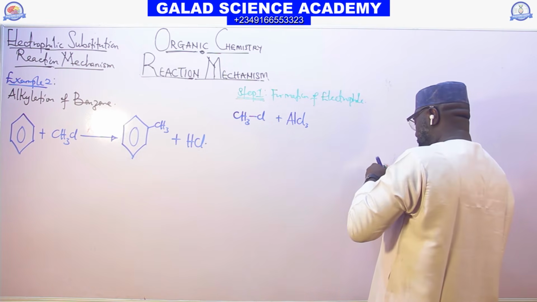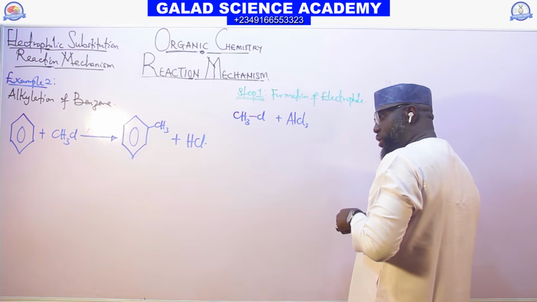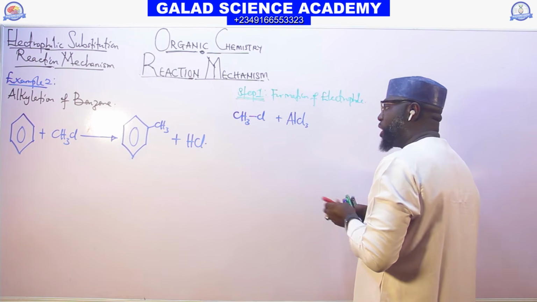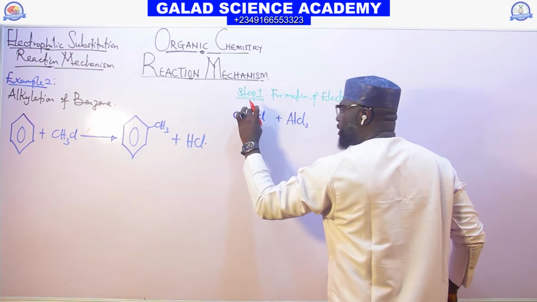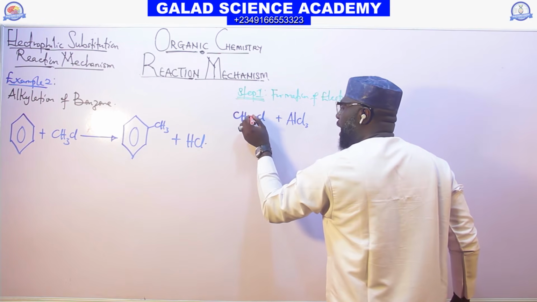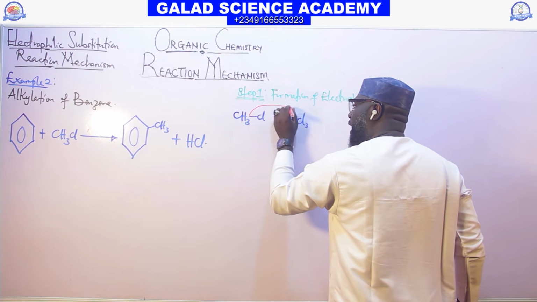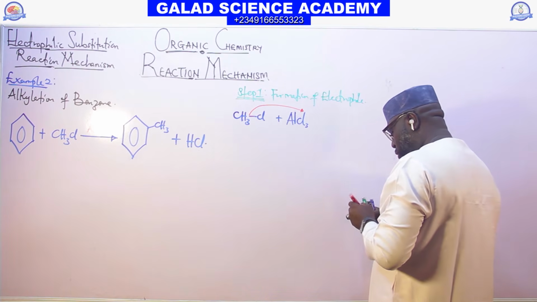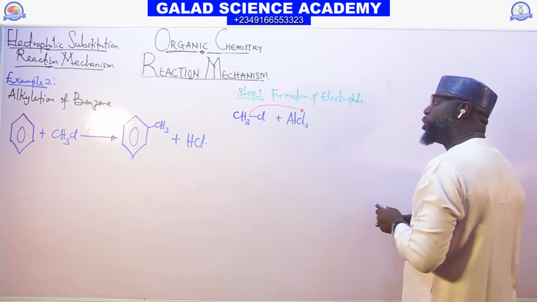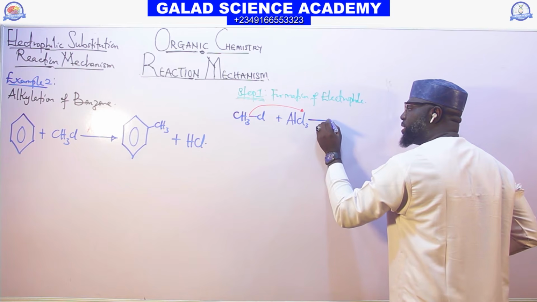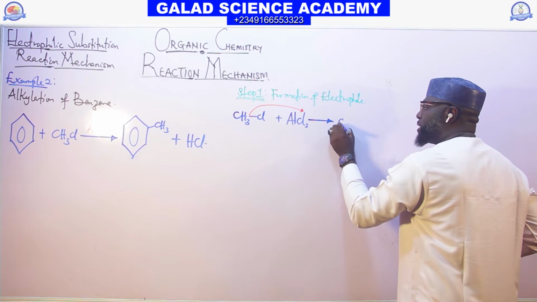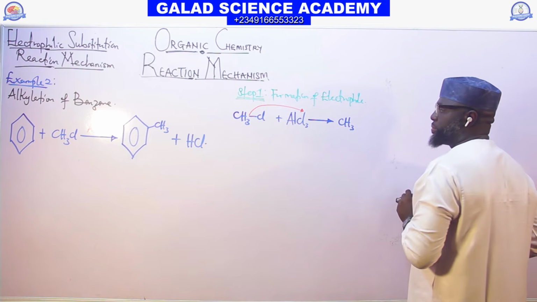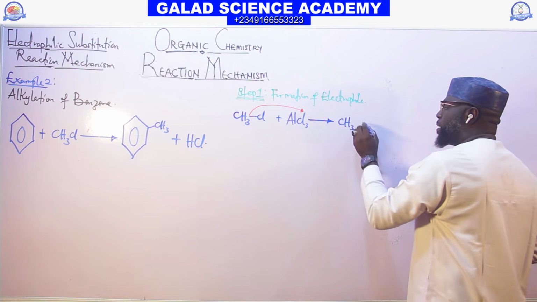The next thing is this. The chlorine will take the bond out and react with this catalyst. So the chlorine leaves the methyl, and the methyl becomes CH3 plus.